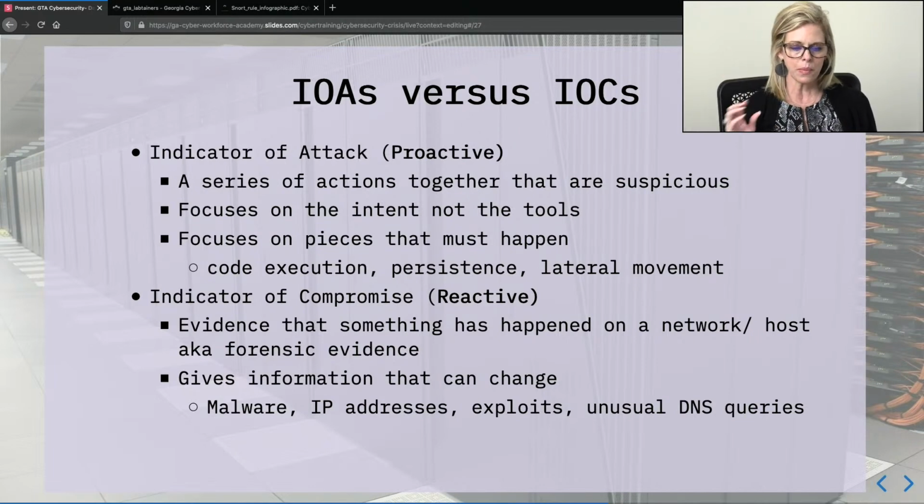The indicator of compromise is going to give information that can change. The fact that the malware had a specific signature and specific characteristics doesn't mean that it's going to keep those same characteristics, because the attackers are very sophisticated in their deployment of this malware.